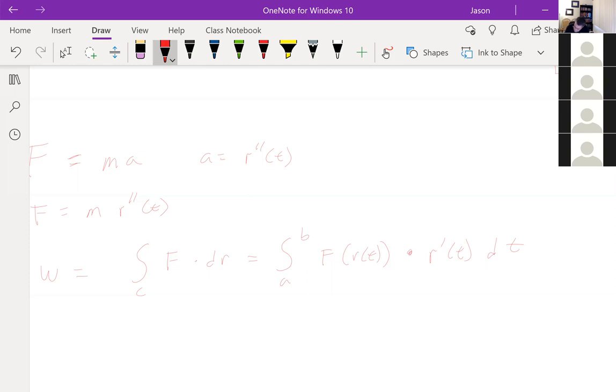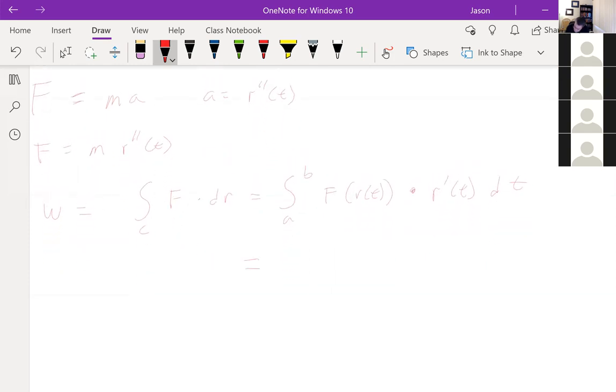Okay, and so now what are we going to do? We're going to replace this F of r of t, the force with respect to the position vector, with mass times acceleration with respect to r of t. I'm just going to sub this in.